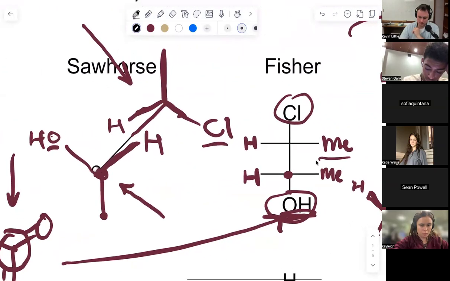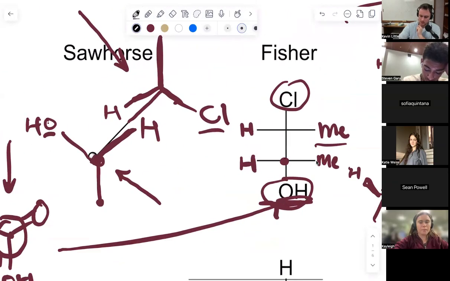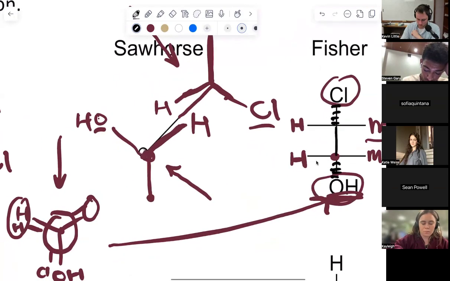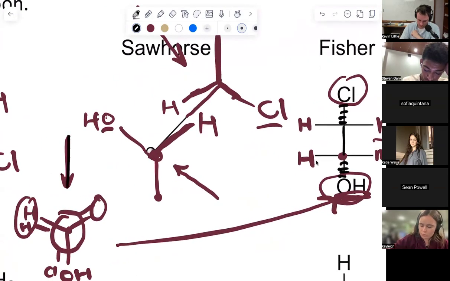I put them down to mimic the Fischer, because in the Fischer the top and bottom are away from you. Oh, I completely understand now. If it's locked, you'll always face it down with the top carbon as the back of the Newman projection, the OH being in the front because it's on the bottom. Yeah, and I'm imagining seeing this from this angle.